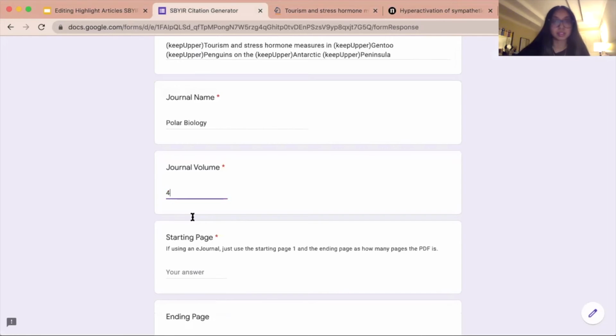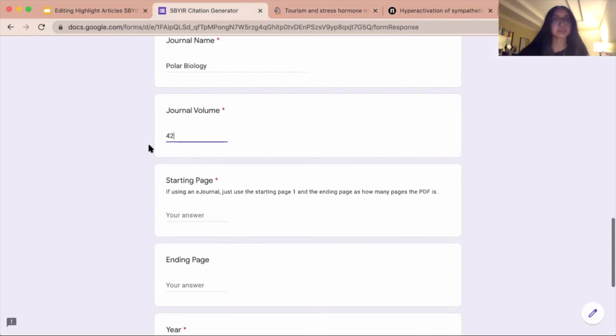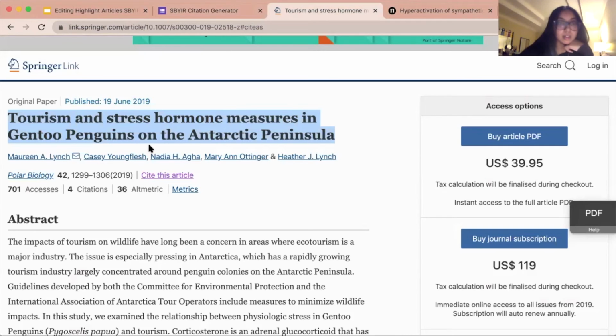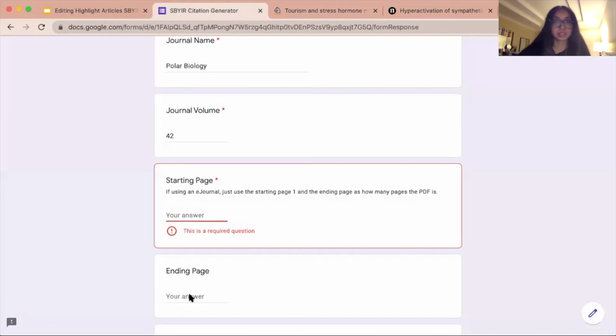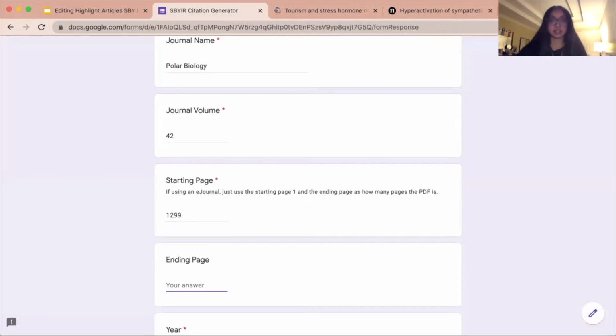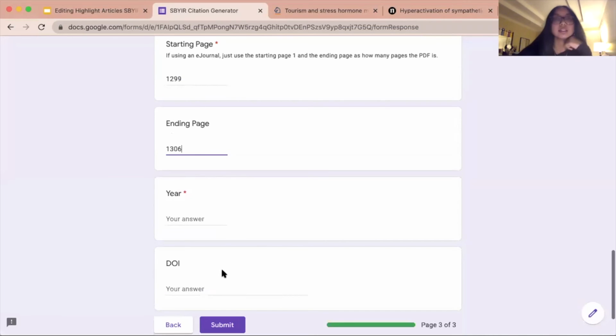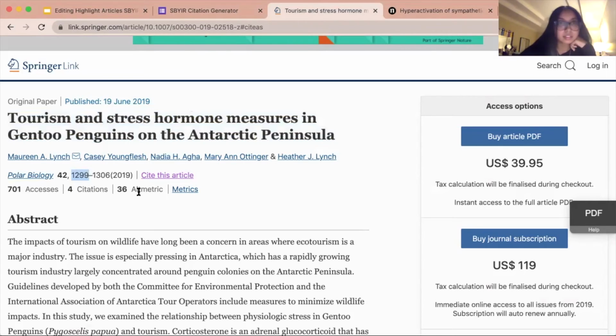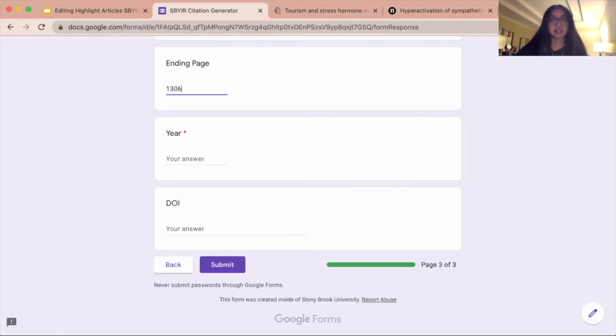And then the starting page is 1299. And the last page is 1306. So 1299 and 1306. Okay, and the year is 2019.